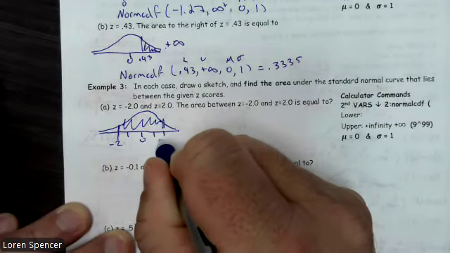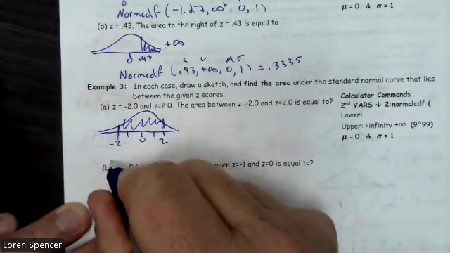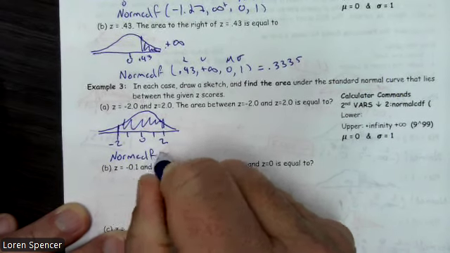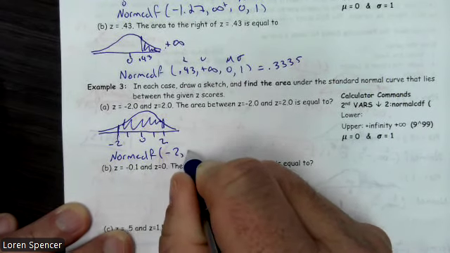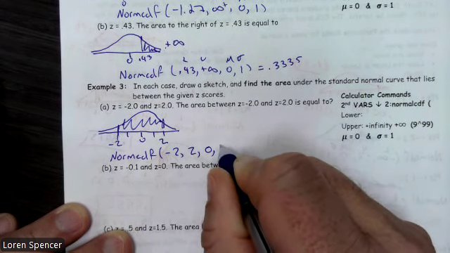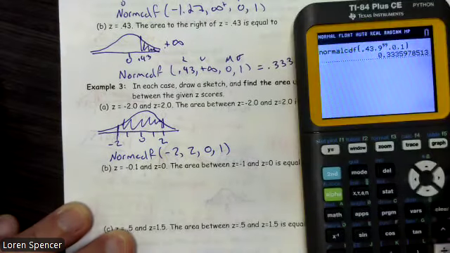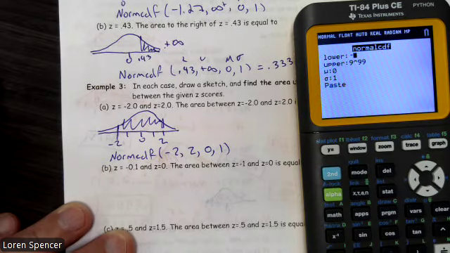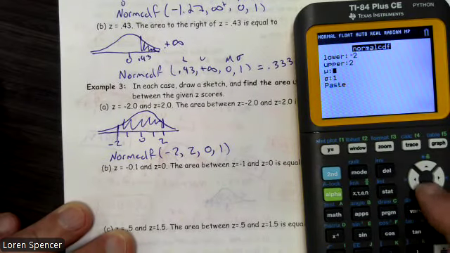So this is -2, this is +2. So I'm going to do a norm CDF. Lower bound -2, upper bound +2. It's a z-score, so my mean is 0, my standard deviation is 1. So second var's norm CDF, -2 lower, upper bound of 2, mean is 0, standard deviation of 1.